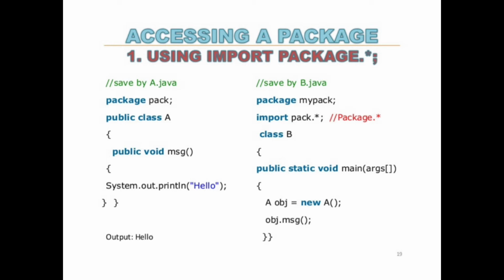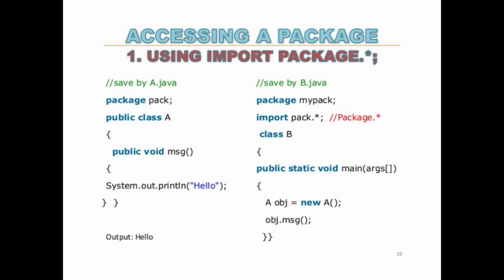For example, first write the package name, which is pack, and the class name is A. Inside the class write one method, public void msg, and the output statement is hello. Save this as A. Another package is created, that is the package mypack. This class A can be imported into this program.